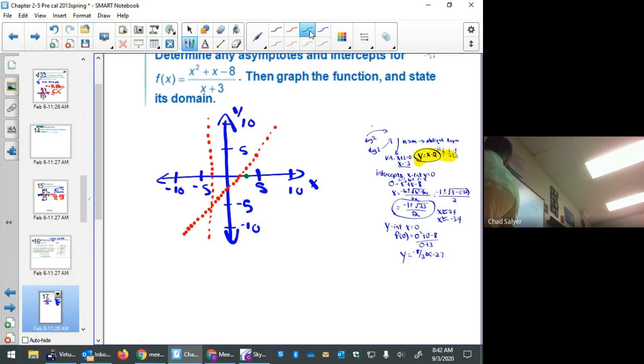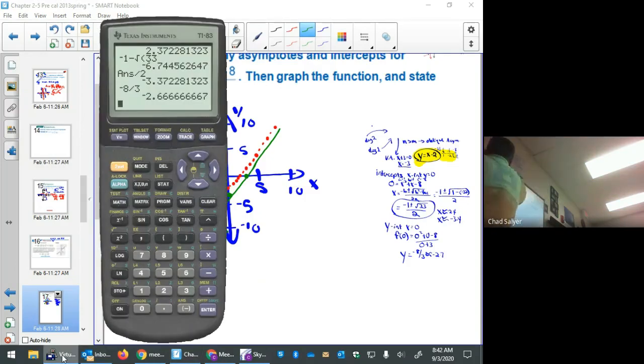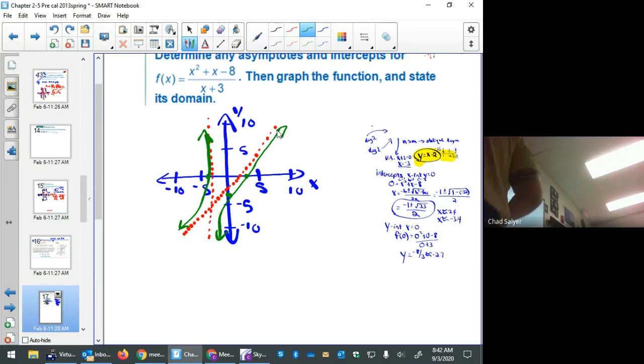Yeah, just past this. And then negative 2.7 on the y, like so. So I can kind of tell that this is going to be, actually that should get closer to the asymptote. So it should be this. But we'll check it with the calculator and make sure my guess is correct here.